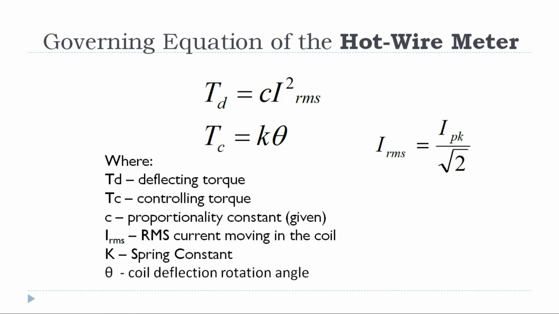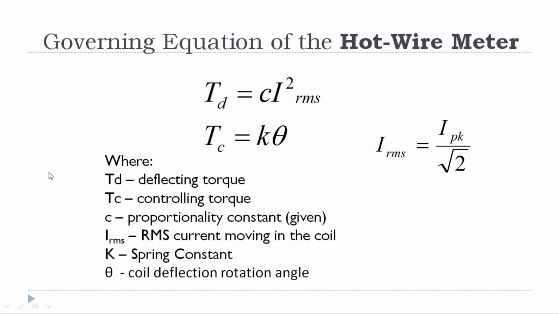So, the last governing equation, for the hot wire meter, is easy, unlike the first two, which had many parameters. For deflecting torque there are just two: C, the proportionality constant which is given, times I squared, where I is the RMS current in the coil.